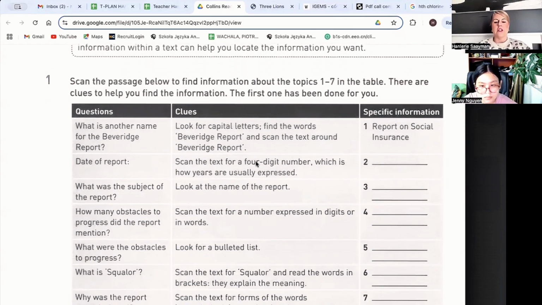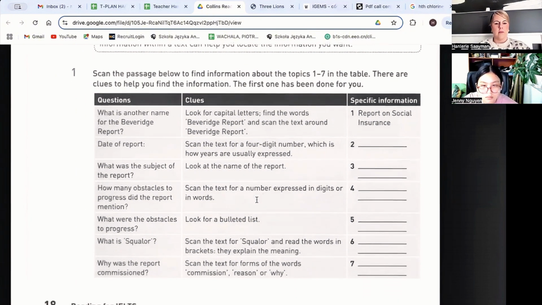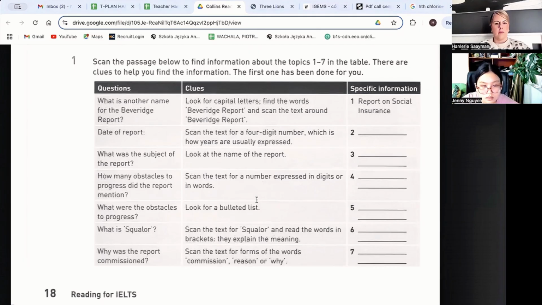Okay, so can you read the instruction there for us? What is another name for the Beveridge Report? Scan the passage below to find information about the topics 1 to 7 in a table. There are clues to help you find the information.